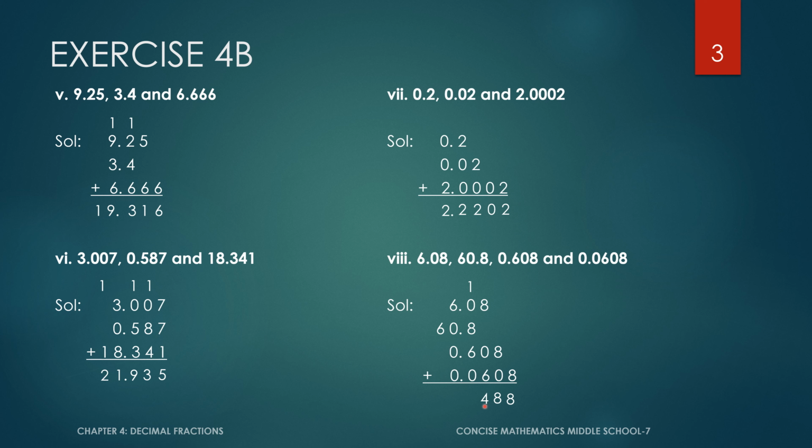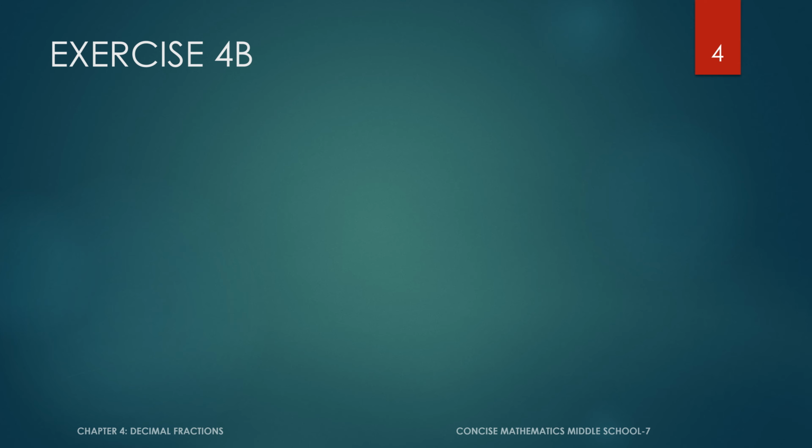So 1 you can place it on the top, and 4 you can place it underneath the answer. And 6 plus 8 plus 1 will be 15. 1 on the top and 5 you can note it down. 6 plus 1 will be 7, and 6 you can write down as it is, and the answer is 67.5488.